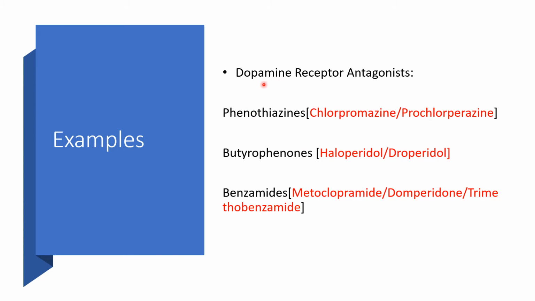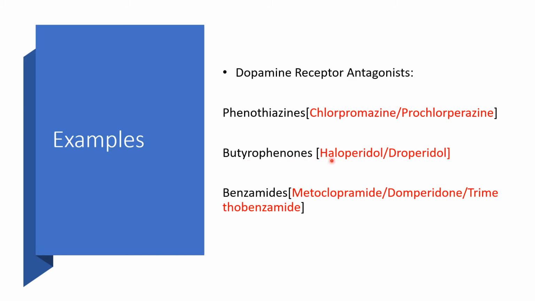Another example would be the class of dopamine receptor antagonist. Here we have phenothiazines, e.g. Chlorpromazine or Prochlorperazine. Those who are familiar with psychiatric medications will know these to belong to class 1 or first generation antipsychotics.